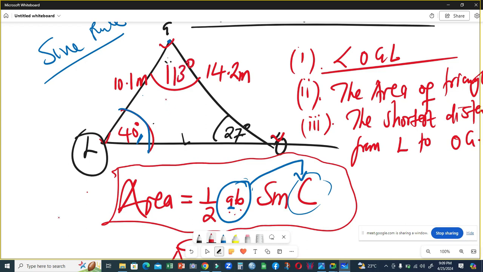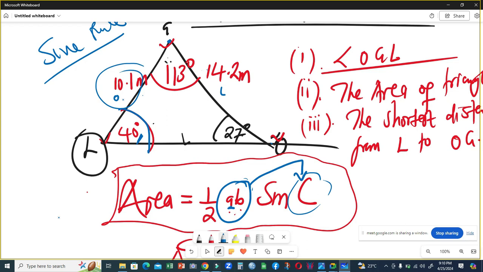So now we need to ask ourselves, which angle are we going to take here, and which sides? As you can see, 10.1, which is side O, we have been given. We know the value. 14.2, which is side L, we have been given. We know the value. O and L are meeting at G. G, we know the value.